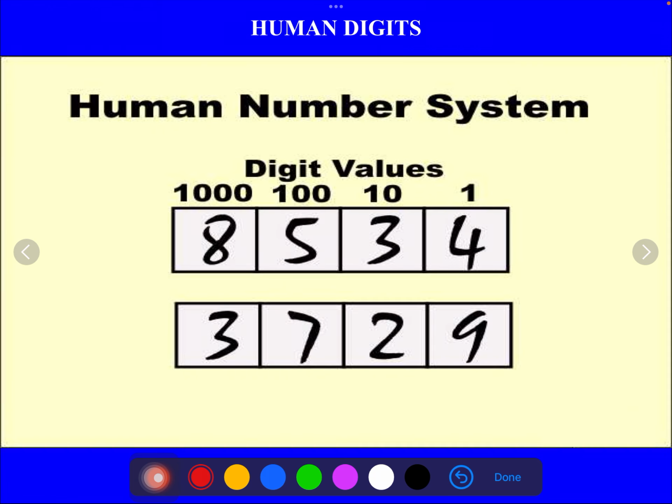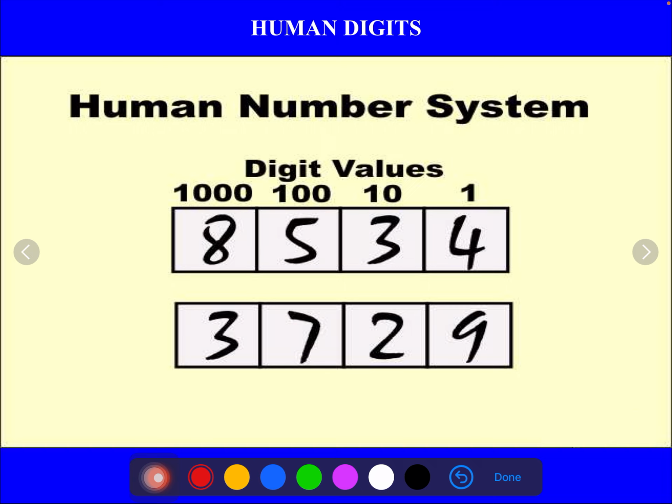So how do you represent these values? To represent a number digitally, use a combination of bits. Humans use the decimal number system, which has 10 digits, 0 through 9.